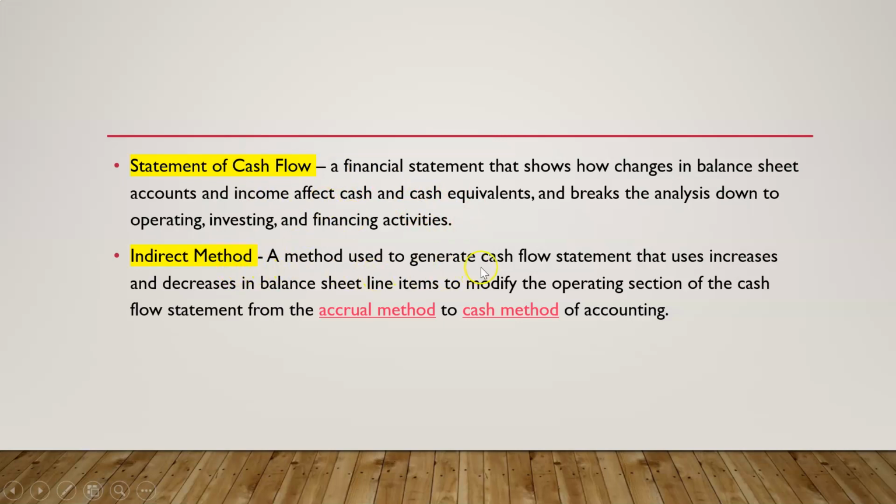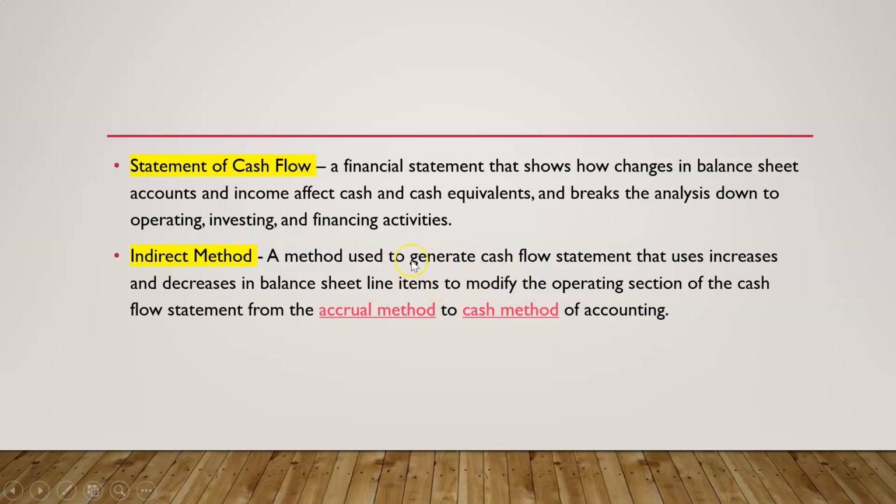Indirect method. A method used to generate cash flow statement that uses increases and decreases in balance sheet line items to modify the operating section of the cash flow statement from the accrual method to cash method of accounting. So indirect method is one of the two methods that operate to prepare the cash flow statement.